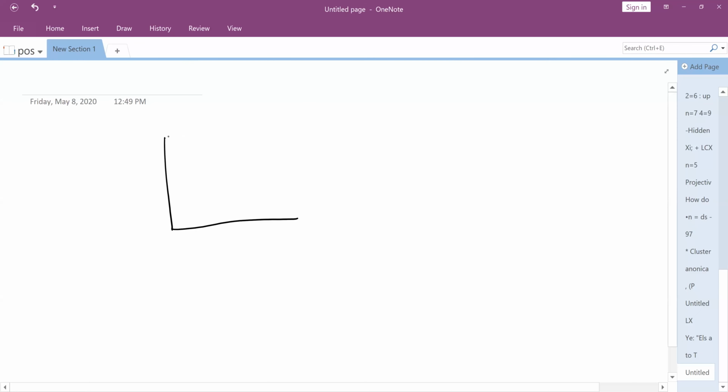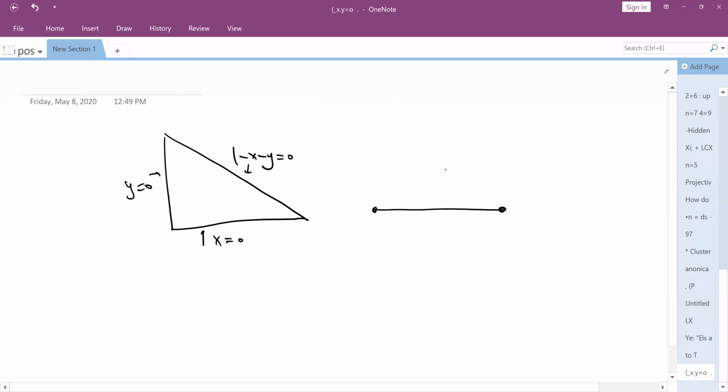Here I have this space, with x equals 0, y equals 0, and 1 minus x minus y equals 0 on these lines. But if I take the residue of the form as x goes to 0, I get dy over, oh sorry, this is x equals 0, y equals 0.